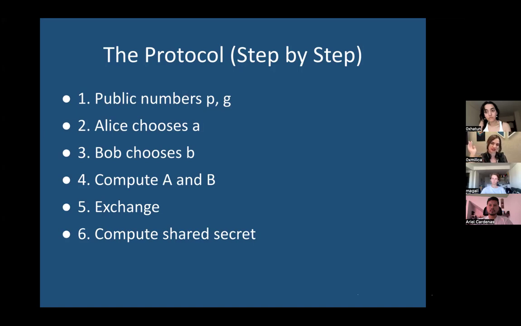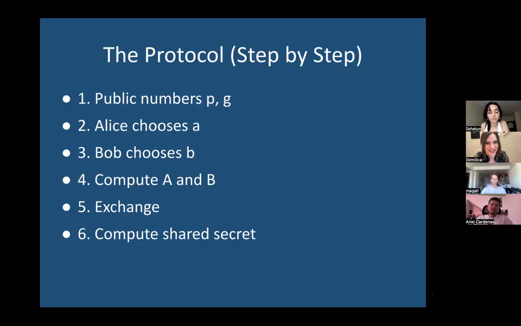Then they will randomly select some prime number of theirs, and they will do the calculations using the first ones that they have shared publicly, and I will just show it in a bit. So first of all, they agree on two public numbers that anyone can eavesdrop on, even Eve, who wants to gossip, or I don't know, and steal their secrets.